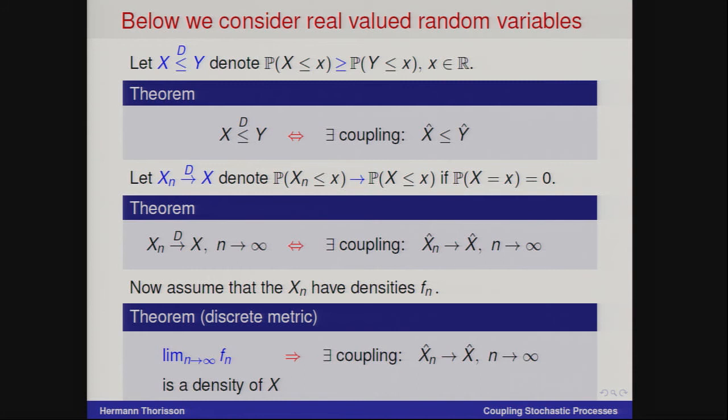Well, you can go from this to this, because if you take a bounded continuous function f here and there, then you will still have the convergence if f is continuous. And then by bounded convergence, the expectations will converge, and that is one of the characterizations of weak convergence. So we have this.